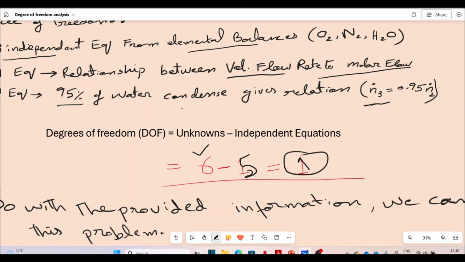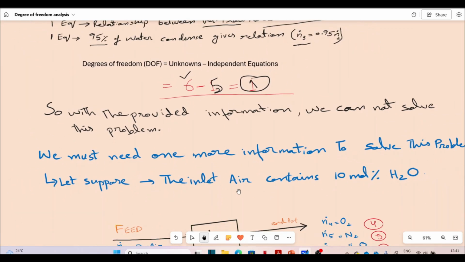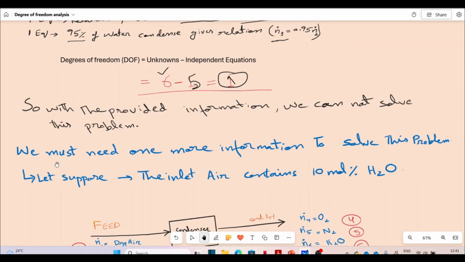It means that with the currently given data, we are not able to solve this problem. So if we really want to solve this problem, we must have one extra piece of information, which I have already written here. Let's suppose that the inlet air contains 10 mole percent of water. So this is the new information that we have.